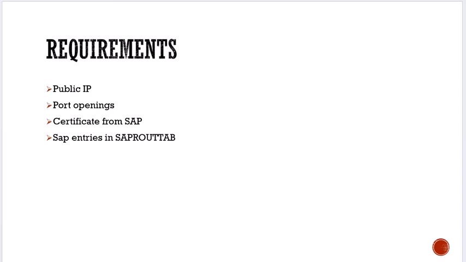Another one we call SAP entries in SAP route tab. This is very important. If you don't have entries in the SAP route tab, in this scenario you cannot connect to your SAP system. Why? Because the SAP route tab is where you maintain your SAP system entries and port numbers, like the message server port number.